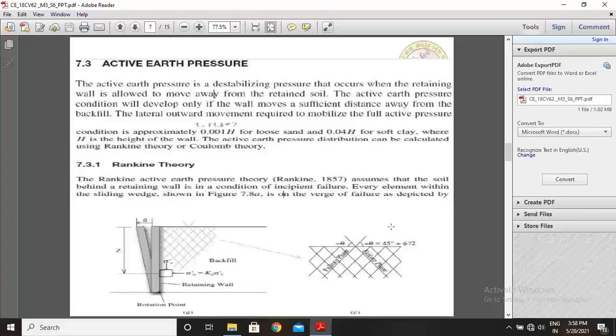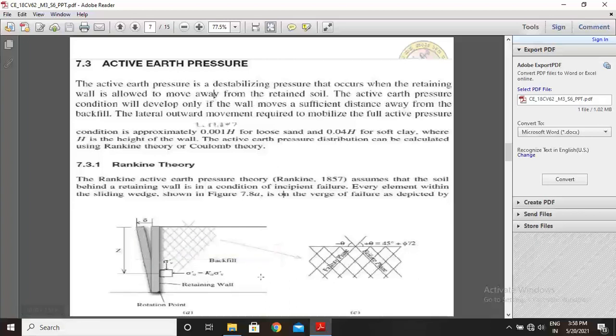The active earth pressure distribution can be calculated using Rankine's theory or Coulomb theory. Let us see what we mean by Rankine's theory. See these diagrams. Okay, this is the base, this is the retaining wall of height H, and this is the top of the retaining wall. This is the backfill, this is the soil element, and this is the active earth pressure, means the retaining wall moving away from the backfill.